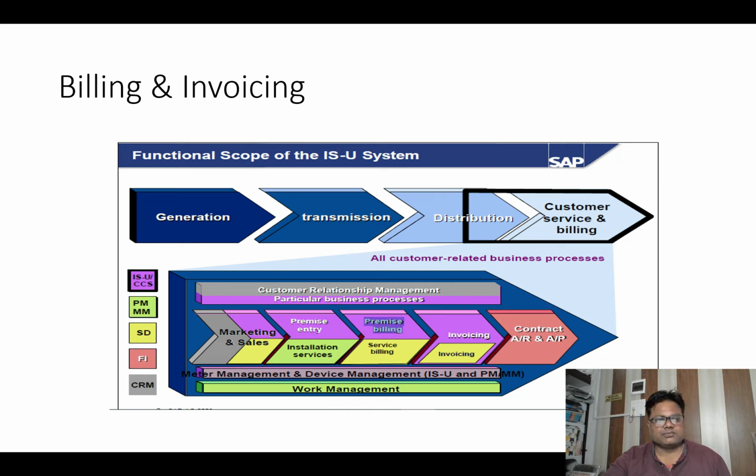Billing and invoicing: introduction of billing business scenario, billing in the ISU data model, utility industry terms explained. Functional scope of the ISU system. So we do the generation, then the transmission, distribution, customer service, and billing.